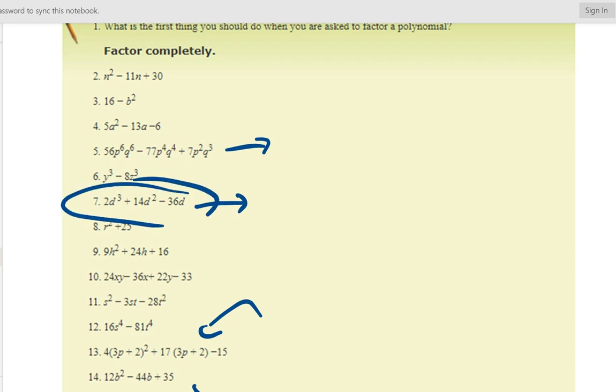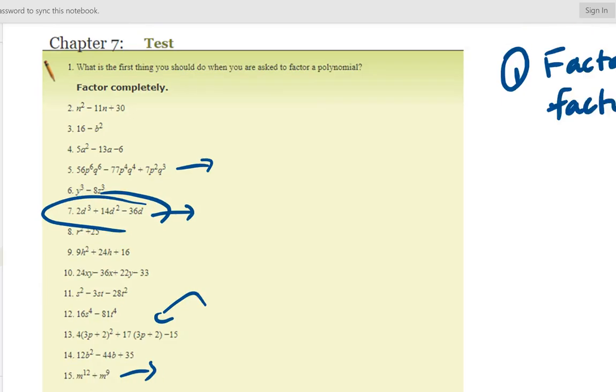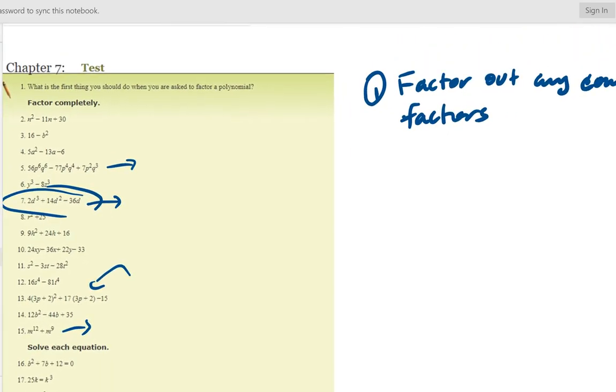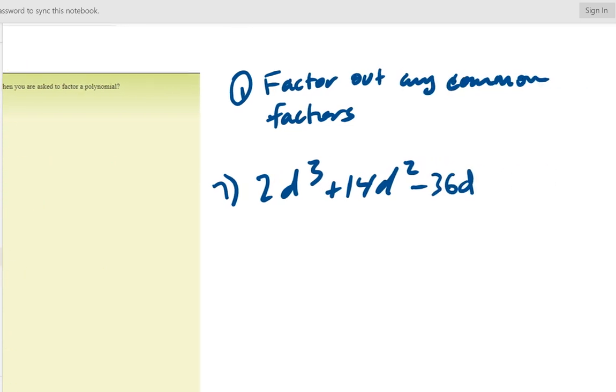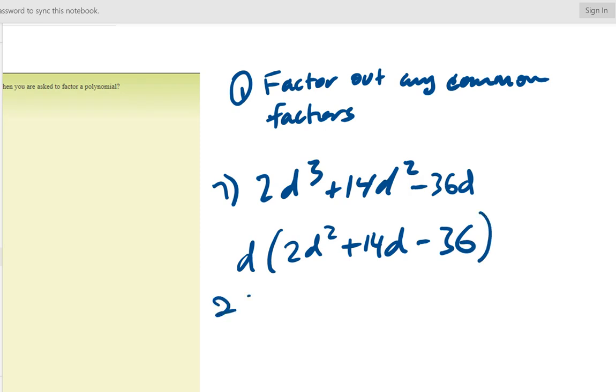So if you look at number 7 here, 2d cubed plus 14d squared minus 36d. If you factor out a d, you get 2d squared plus 14d minus 36. Look, you can pull out a 2 as well. So if you pull out a 2d, you get d squared plus 7d minus 18.